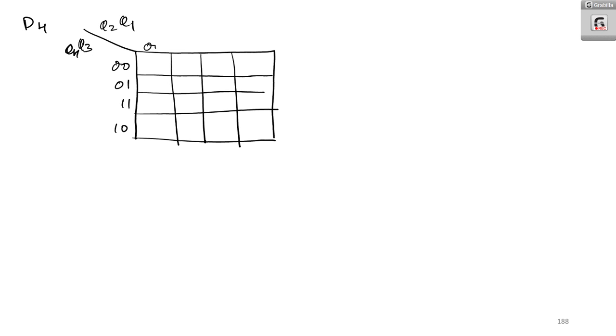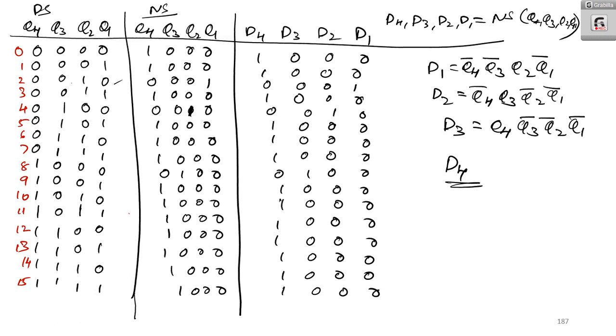Here you have the cells 0, 1, 2, 3, 4, 5, 6, 7, 8, 9, 10, 11, 12, 13, 14, and 15.